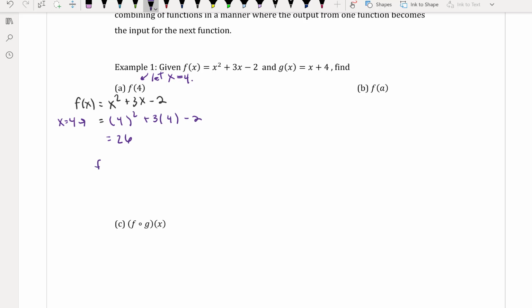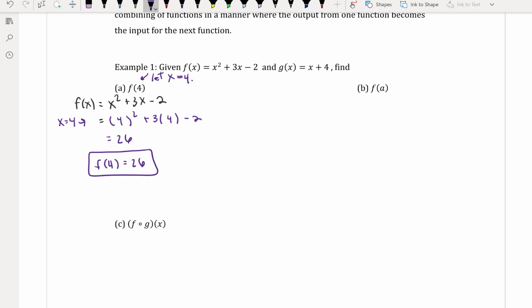So I can say that when I plug 4 in, my value is 26. This is telling me that when I plug in 4 for x, my value is 26. So let's see what happens when I go to part B.